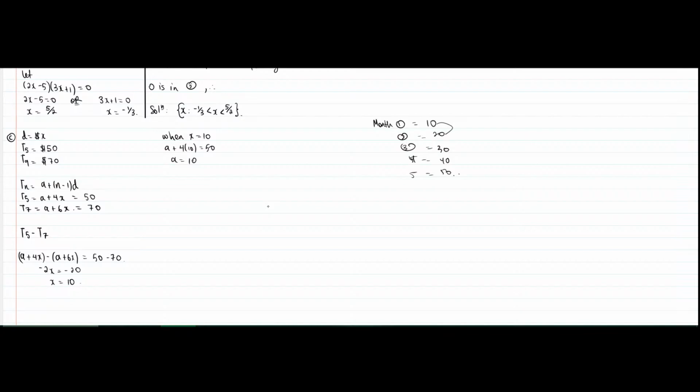They want to know the total amount of money paid at the end of the 24th month. So it's not the 24th term. It's not the money he pays in the 24th month. It's the total money he pays in all 24 months, which will be S24, which is n over 2 into 2a plus n minus 1 by d. 24 over 2 is 12, into 2 into 10, plus 11 by 10.